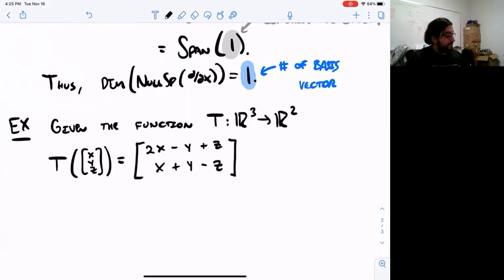I'm going to send xyz to the point 2x minus y plus z as the new x coordinate, and x plus y minus z as the new y coordinate.